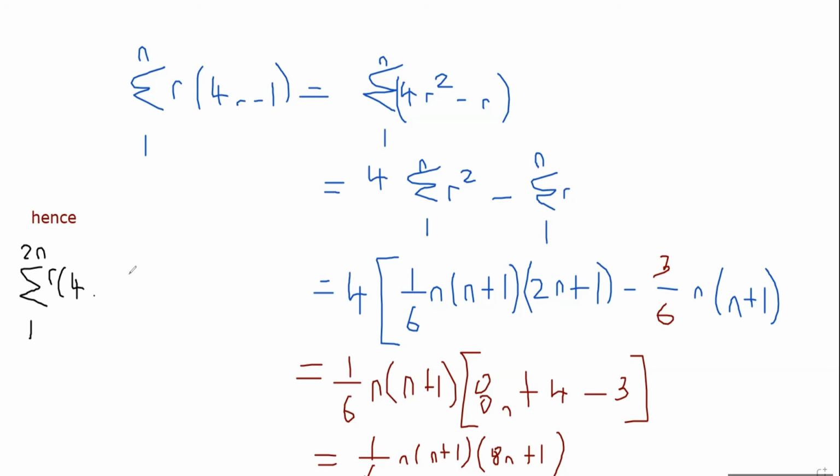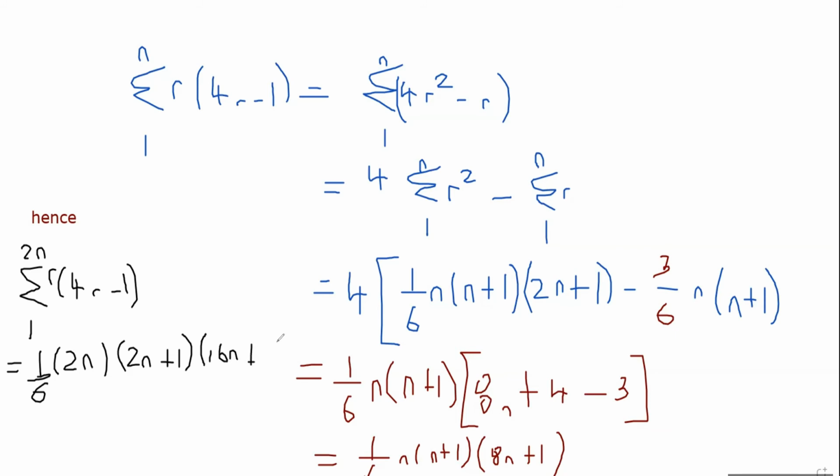You could then just write that this works out to be equal to, this part right here works out to be equal to 1 over 6 times 2n, because you replace this n with 2n, so it's 1 over 6 times 2n times 2n plus 1 times, replace this n with 2n, it would be 16n plus 1. That's how you do this question.